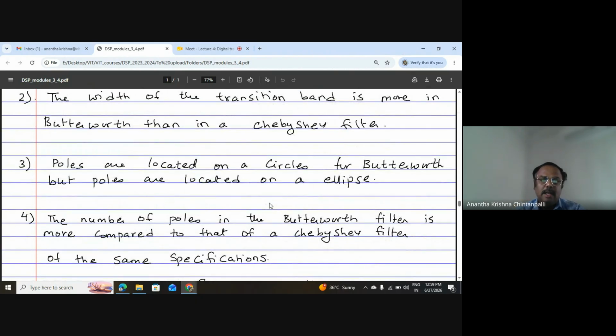The number of poles in the Butterworth filter is more compared to that of a Chebyshev filter of the same specification. If you want to design a Butterworth and a Chebyshev with the same specification, the number of poles required, in other words the filter order, would be lower for the Chebyshev.